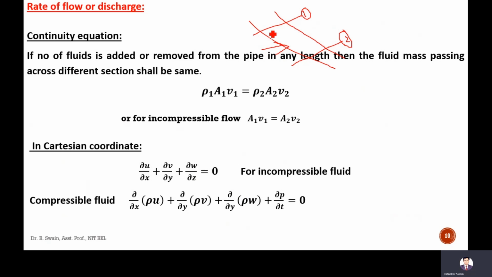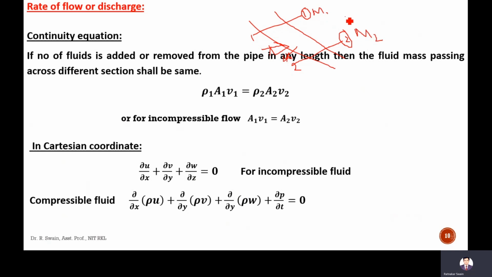Let's consider sections 1 and 2. In between 1 and 2, if no fluid is added or removed, then the mass m1 is equal to m2.